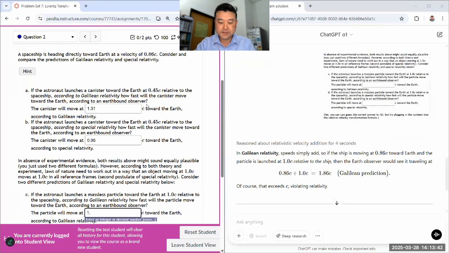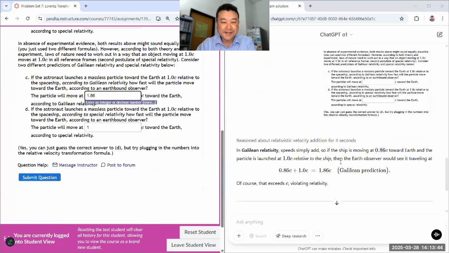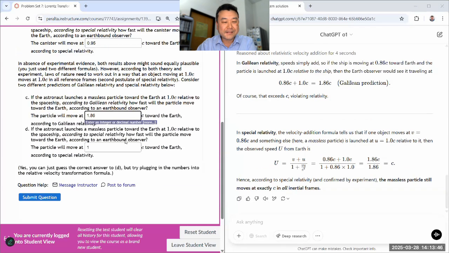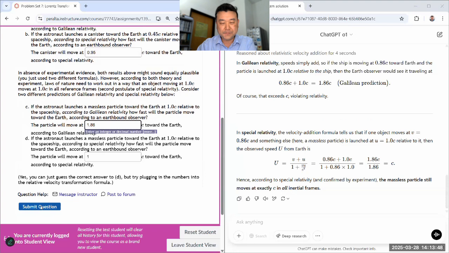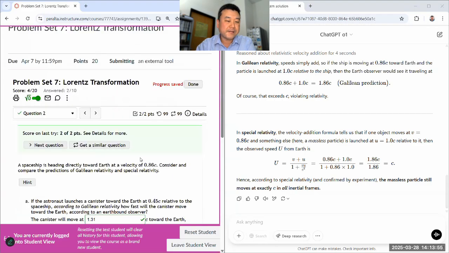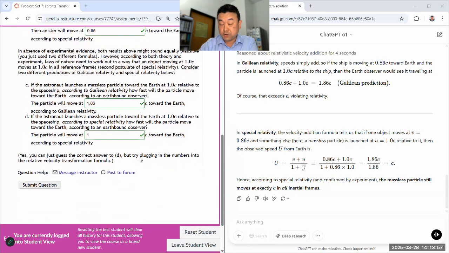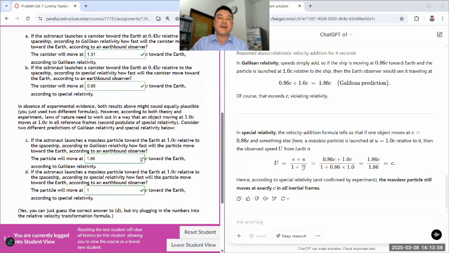It's 1.86. Good. So last year, I guess it wasn't even ChatGPT 4.1, I think it might have been just ChatGPT 4, and it did struggle when we got to modern physics. And with the newest version of ChatGPT, I'm actually curious how well it does in modern physics.